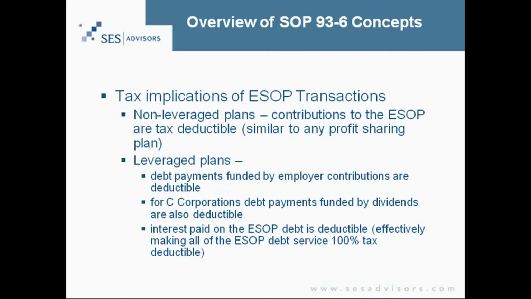And one of the things that makes the debt less expensive for the company is, of course, the tax benefit in a leveraged buyout, the interest being tax deductible. Well, we get not only the deduction for the interest expense in an ESOP transaction, but we get a deduction for the principal portion of the debt. So that's a pretty profound tax benefit in a leveraged ESOP transaction.